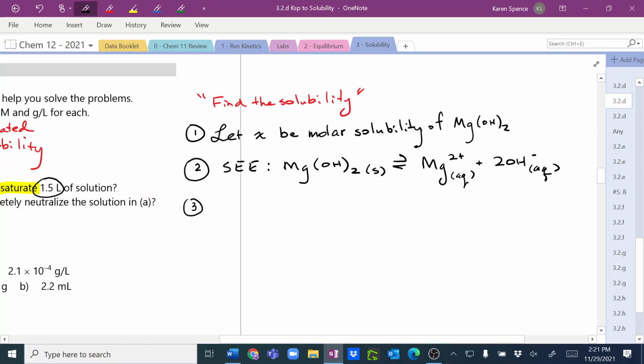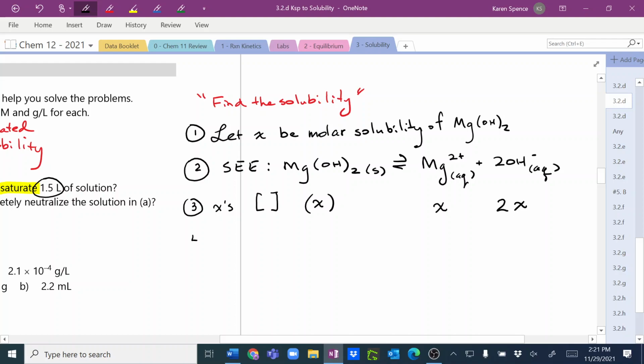And the third thing we're going to do is plug in the x's. So these are our concentrations. And the concentration of MgOH2 is its solubility, that is X. And Mg, we just get 1. And OH, we get 2.